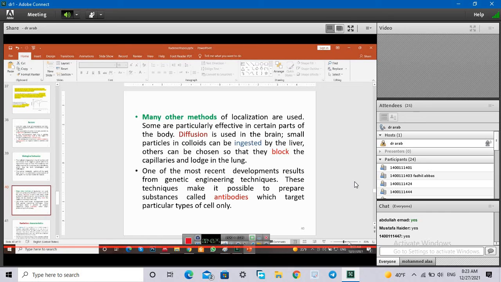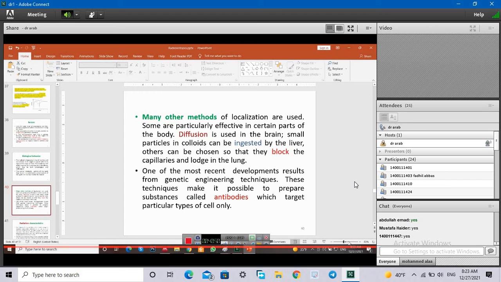For example, the diffusion method is used in the brain. Small particles in colloid form can be ingested by the liver, and others can be chosen so that they block the capillaries, like in the lung. So we can conclude that based on the target we should choose the radionuclide.